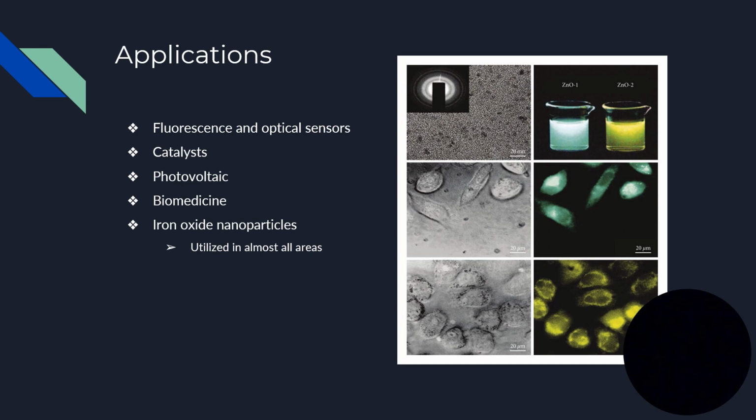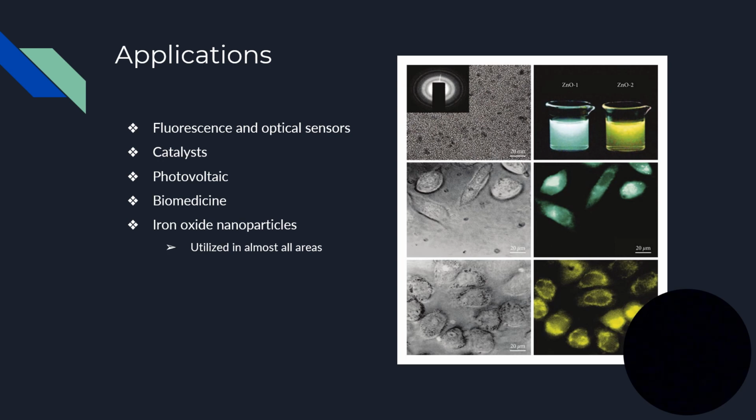There are multiple different applications, and metal oxides with sizes in the nanoscale range showed essential applications such as fluorescence, optical sensors, catalysts, photovoltaics, and biomedicine, and multiple other applications that are not listed here. Those were the most important ones that I found and picked out. Besides all these applications, nanomaterials have also been used in gas sensors and anode materials for fuel cells.